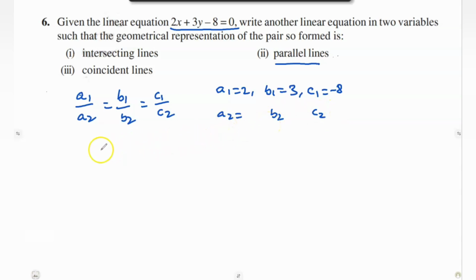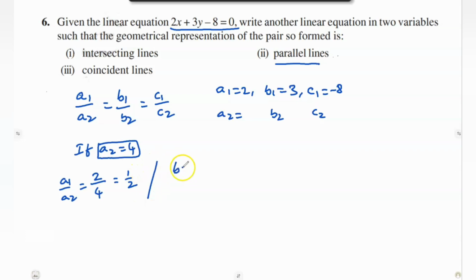Like the previous example, if I take a2 as 4, my a1 by a2, 2 by 4, should be equal to 1 by 2, right? So the same half I want to make for b1 by b2 also, because they have to be equal.